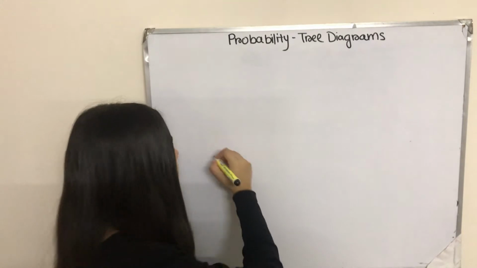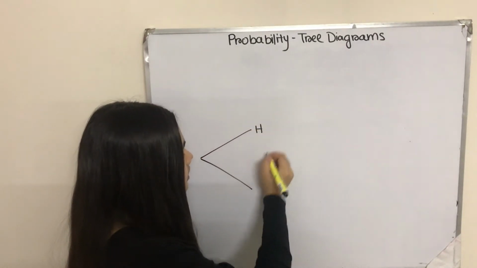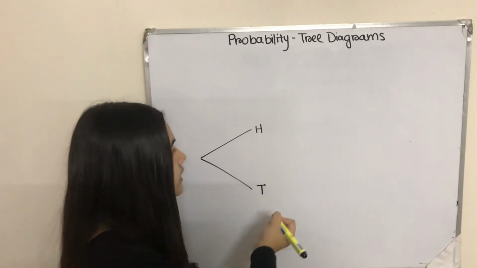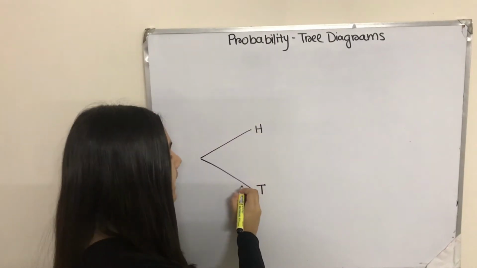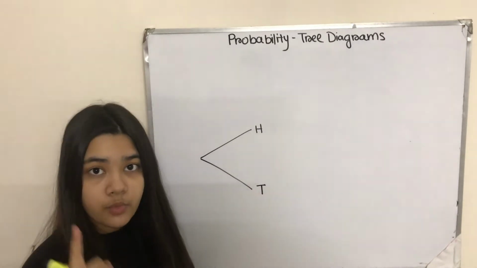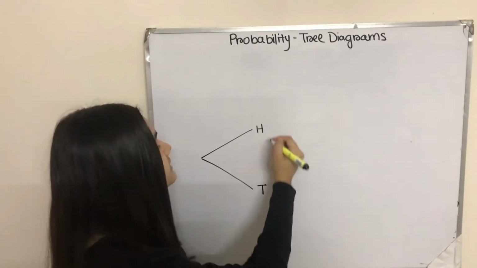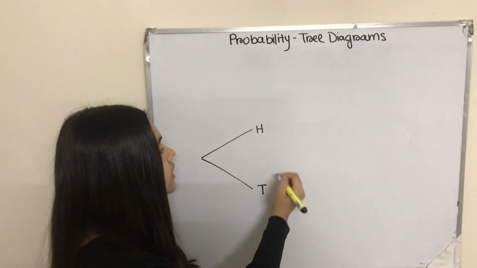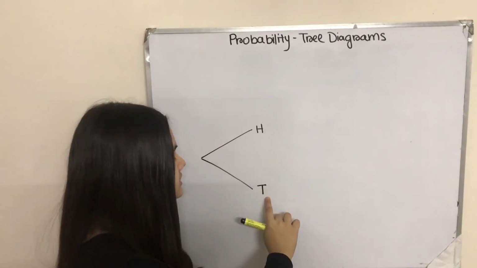When we toss a coin, the outcomes are heads or tails. Remember that the branches when added together make 1. The sum of the branches must be 1. Here in the first toss there are 2 possible outcomes, heads or tails.